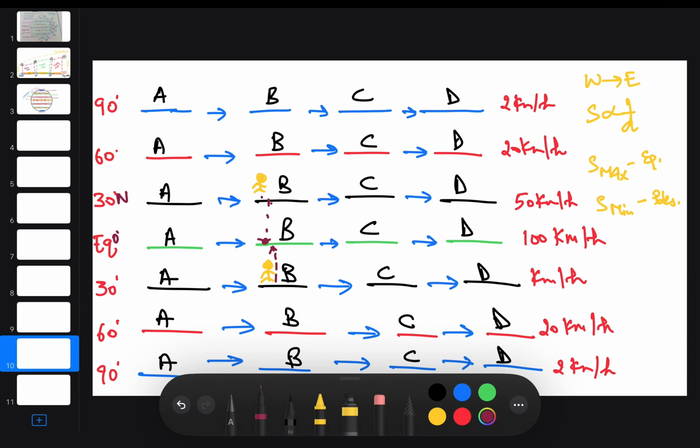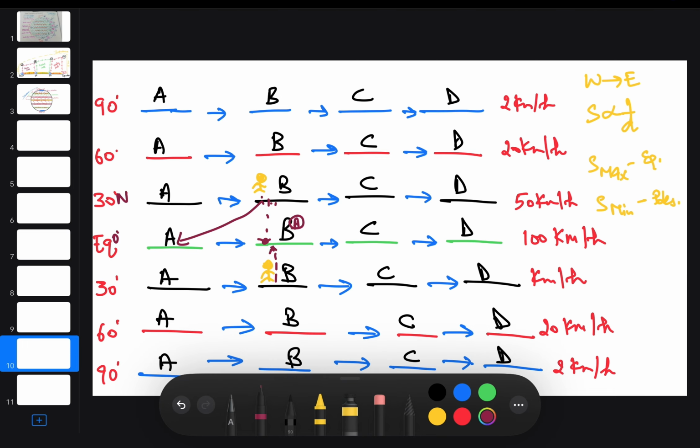So instead of reaching the B surface at 0 degree, the earth will rotate and this surface will be occupied by A. B will be here, eventually C is here and D will be here. So what we have concluded is, instead of reaching position B, he will reach point A, because A will occupy this position as the speed is maximum here.